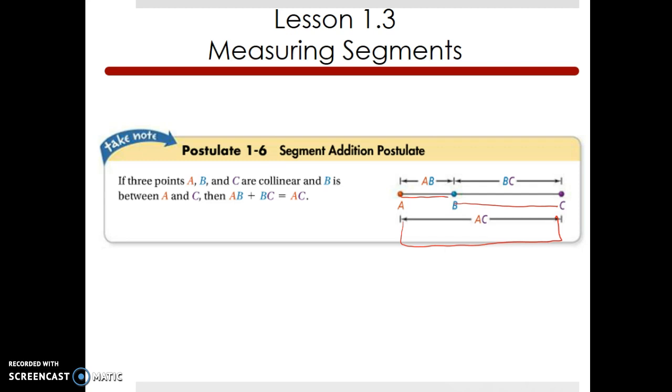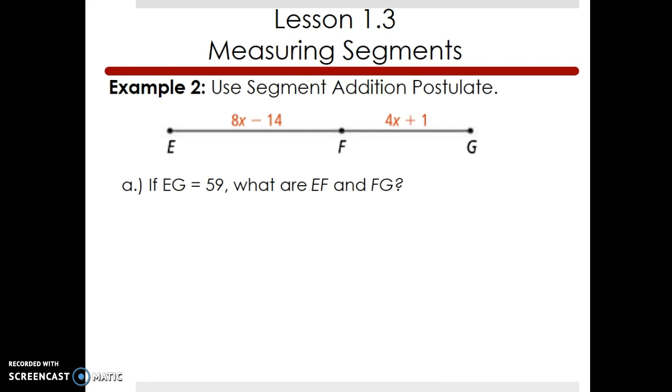So let's try some practice problems with that. Use the segment addition postulate. It tells you that EG is 59. It is asking you for EF and FG.